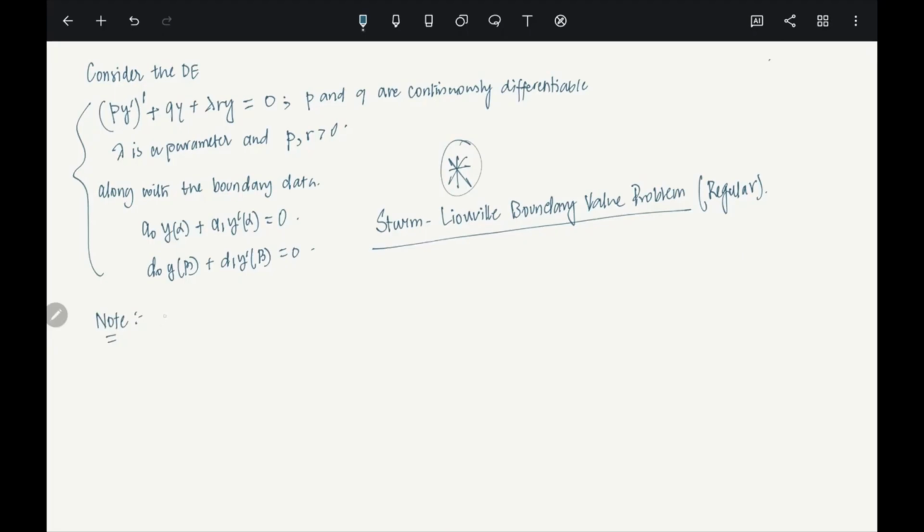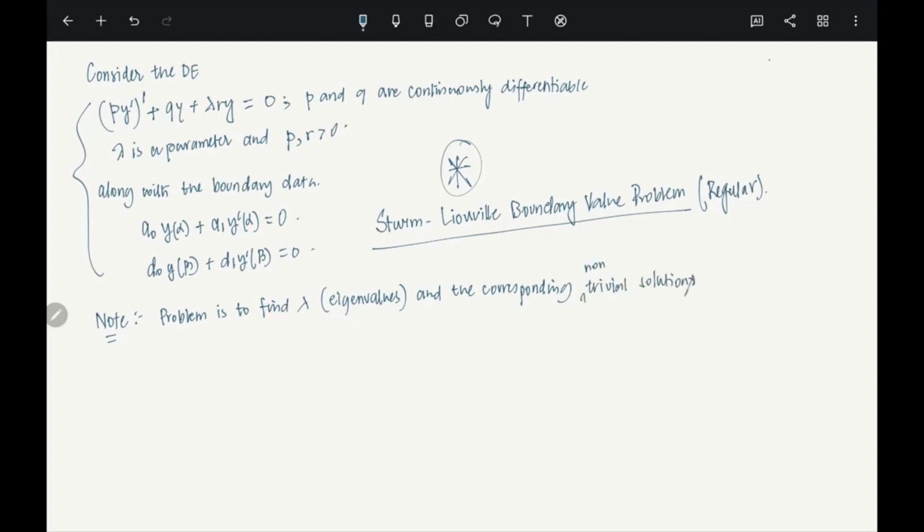The problem is to find lambda, which will be called eigenvalues, and the corresponding non-trivial solutions.